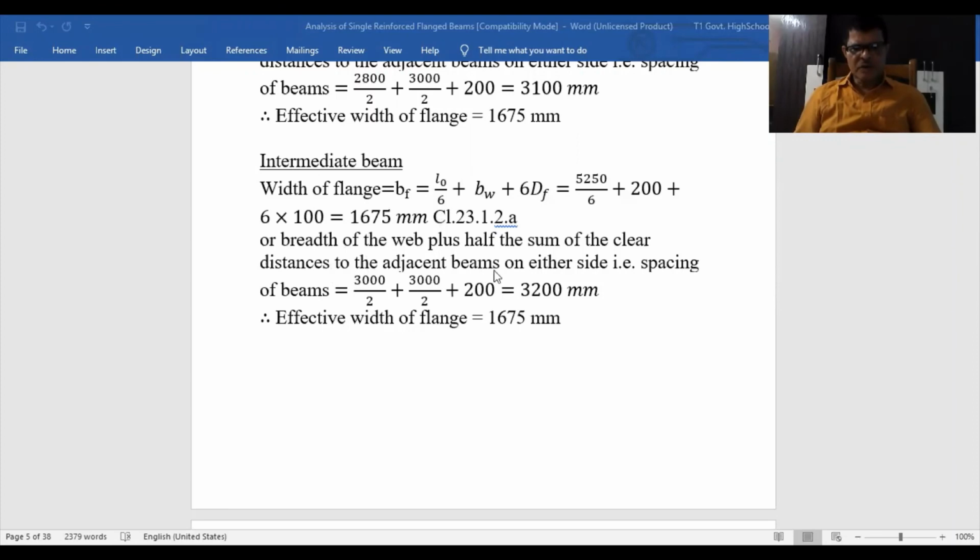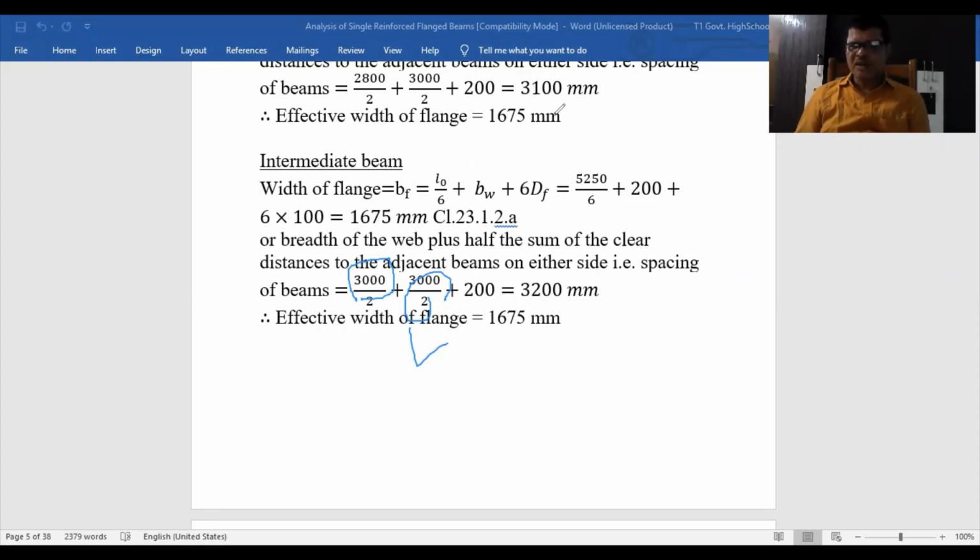Now to calculate the adjacent beams, the breadth of the web plus half the sum of the clear distance to the adjacent beams, both sides will come 3000, 3000. So this is the change you see here, 3000 by 2, 3000 by 2. In the earlier case, one side is 2800, other side was 3000. So you should see it carefully. If the spacings are different, then you take a half on both sides. If spacings are same, you can take the value same on both sides.